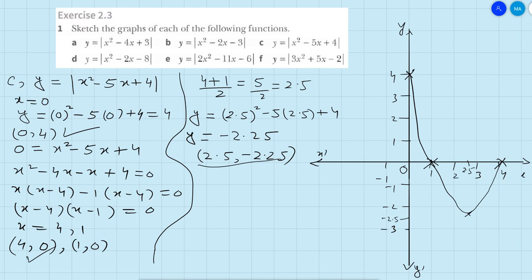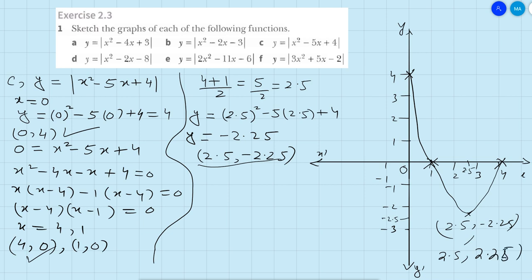Now reflect the part of the curve which is below the x-axis. So this point is 2.5 comma minus 2.25. This point becomes 2.5 comma positive 2.25.